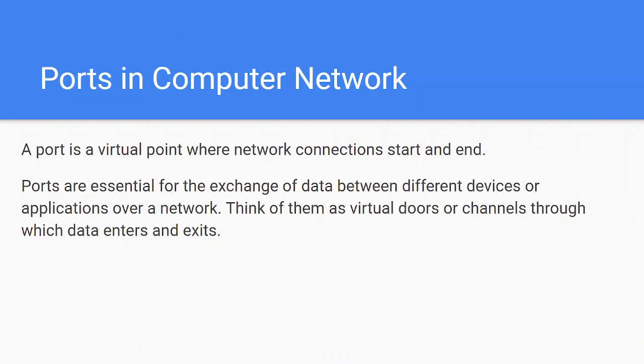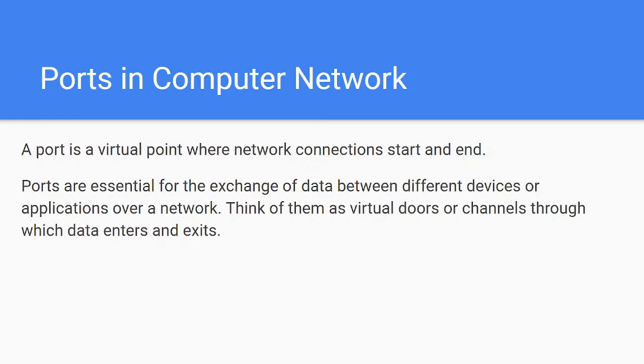Alright, so let's move. So we are moving to the next one, which is ports in computer networks. So a port is a virtual point where network communication starts and ends. Ports are essential for exchange between different devices or applications over a network.